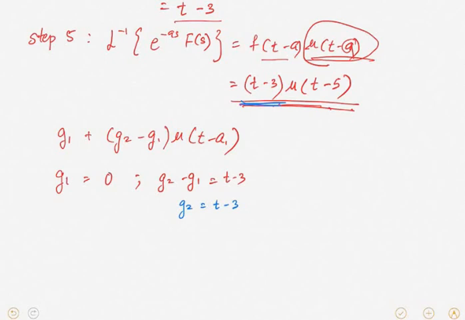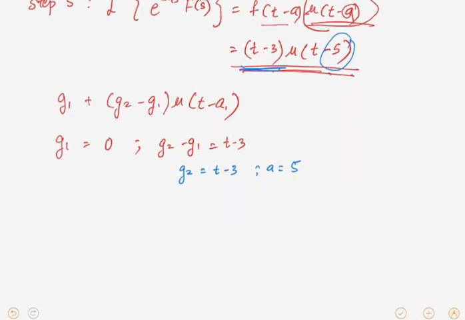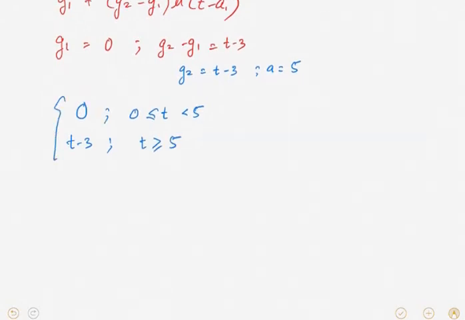And then, what is the a value? A is equal to 5. So when you write it as a step function, it's 0 for t from 0 to 5, then you have t minus 3 for t more than 5. Then you can plot a graph.